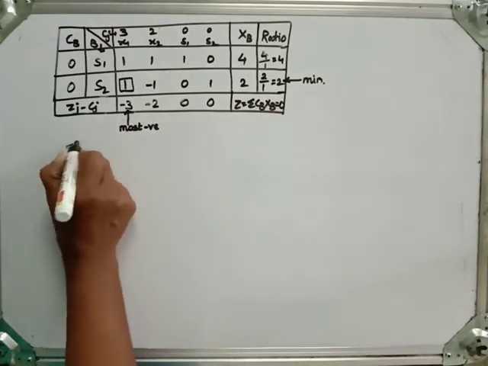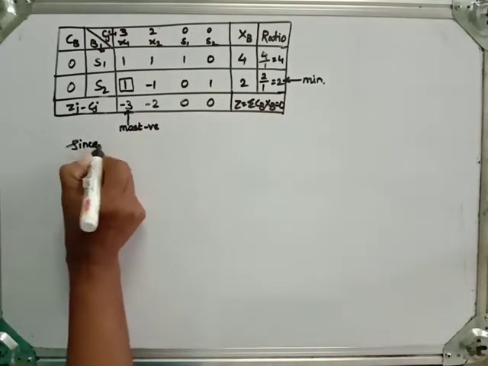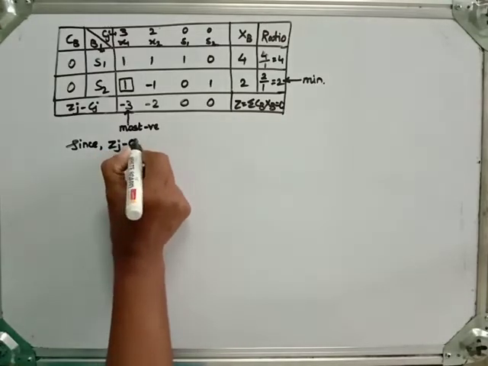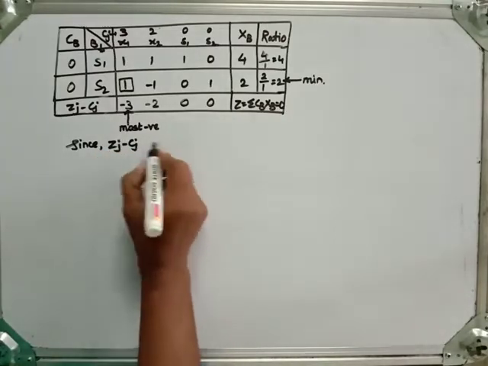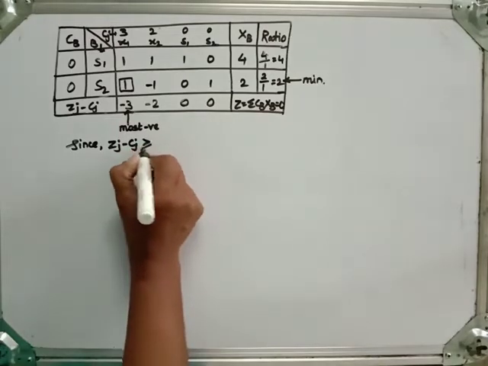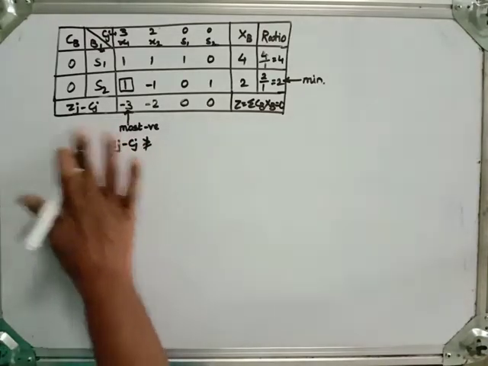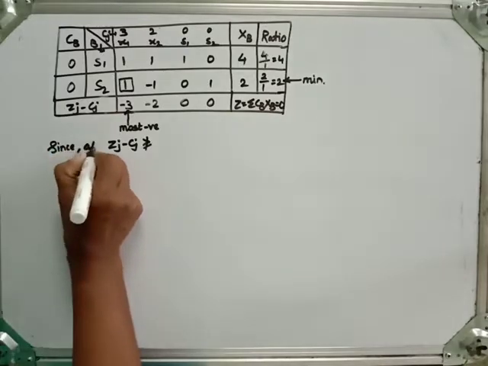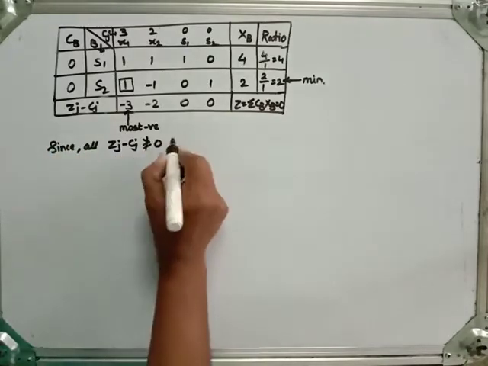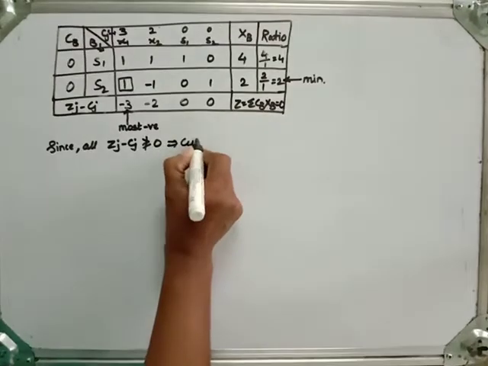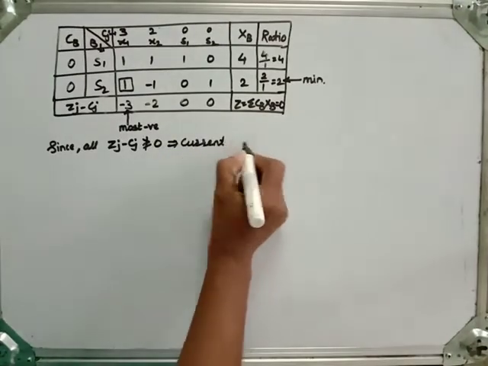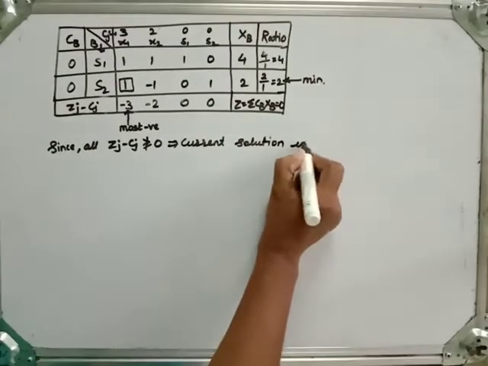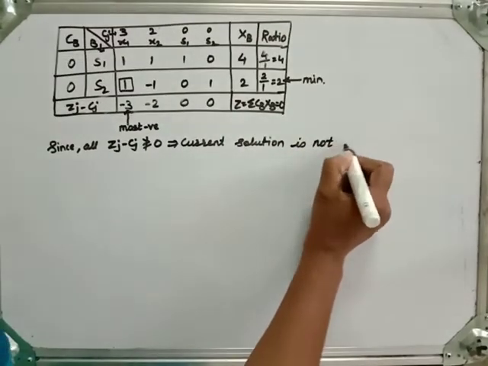I must write, since whatever I am saying, I should write that thing shortly at least. Since all Zj minus Cj are not positive, so current solution is not optimal.